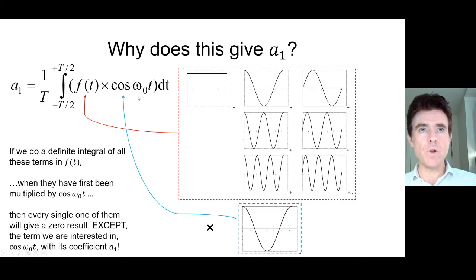Now though, we're multiplying it by the term for which we wish to find the coefficient. So we're trying to find the coefficient for cos 1 omega naught t, in other words a1. So I'm showing cos 1 omega naught t here. And now if I multiply this function by all of these, we will see quite an interesting result.